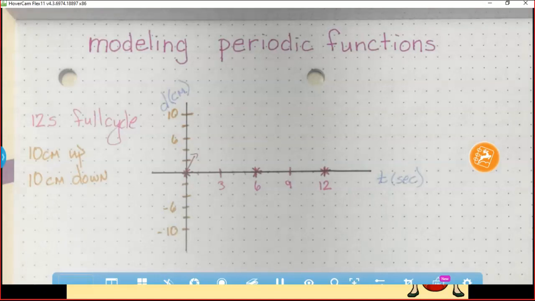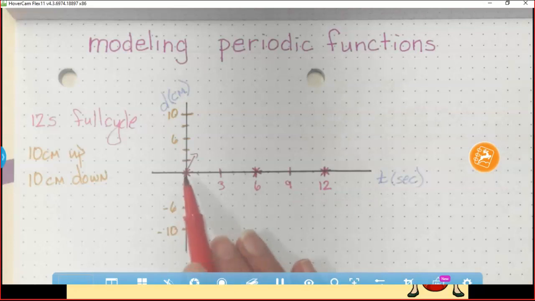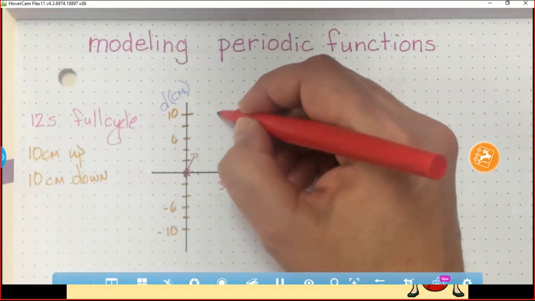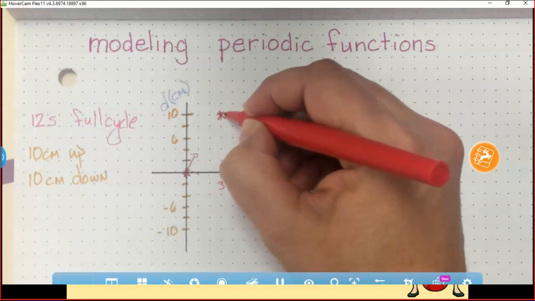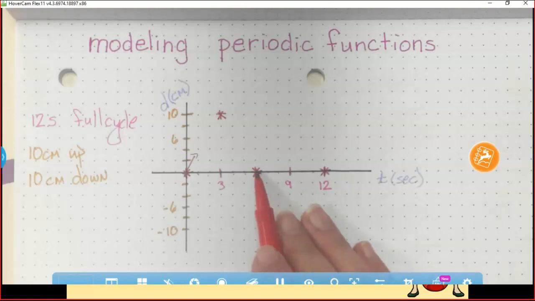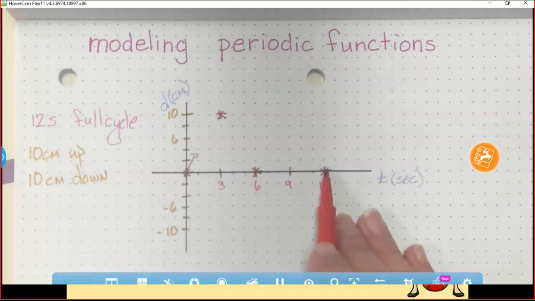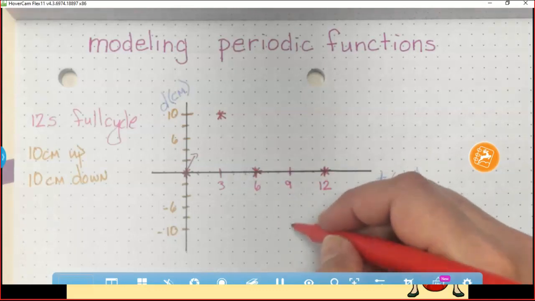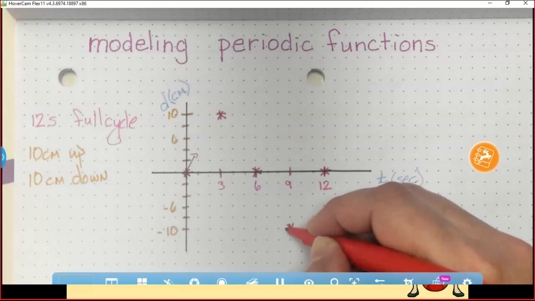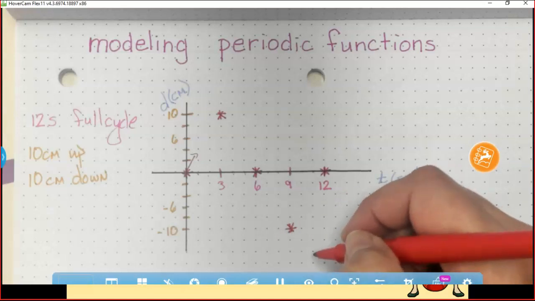Since I went up first, halfway between the beginning and that first equilibrium point, it made it all the way up here to that 10. Halfway between when it got to that equilibrium point and the end, it made it all the way down to 10 centimeters. I keep saying seconds, I'm sorry.